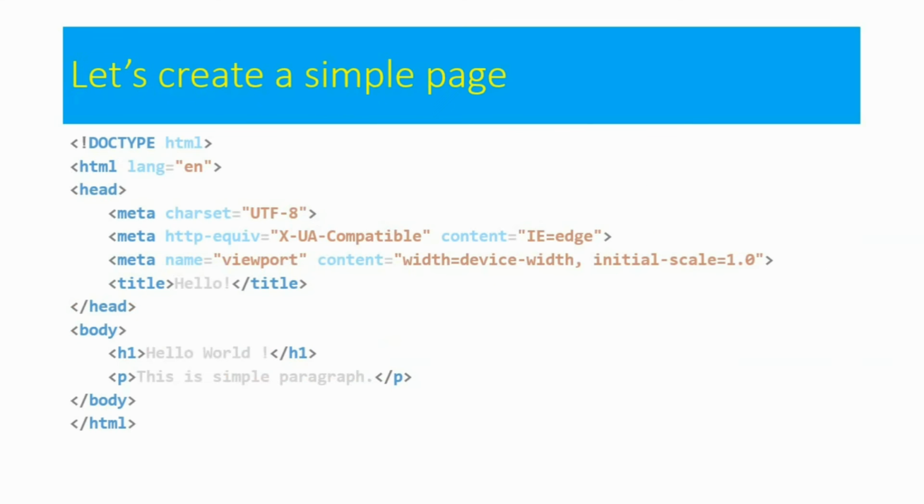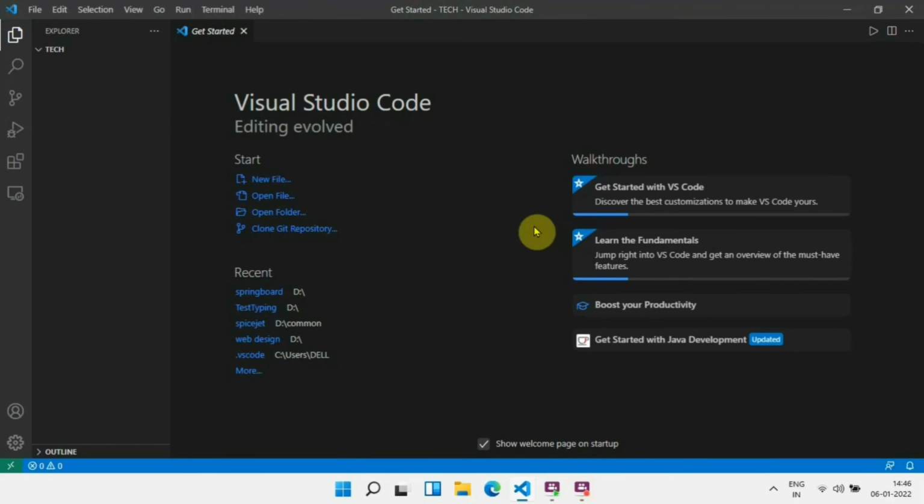Now let's create our first page, Hello World, using the Visual Studio Code editor. So this is our Visual Studio Code. You can easily install it by just searching Visual Studio Code download on your browser. Here I have already created one folder named Tech.